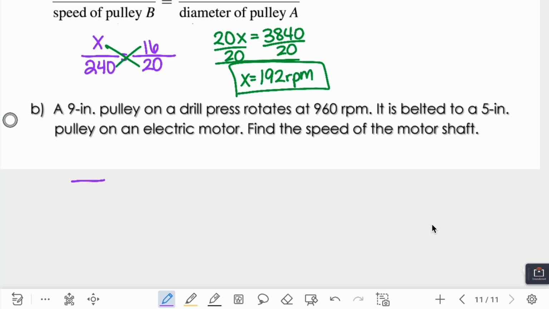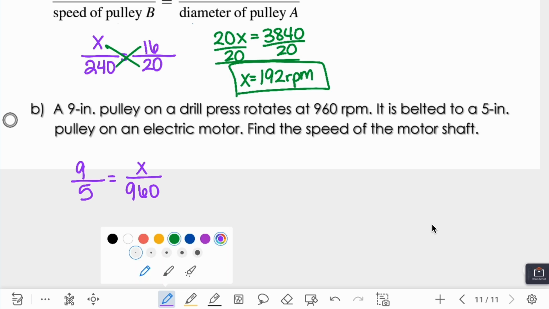So I'm going to set up my proportion. We have a 9-inch pulley. I don't need to put my label. We have a 9-inch pulley on a drill press that is rotating at 960 RPMs. So those are set up diagonal of each other. Now it's belted to a 5-inch pulley on an electric motor. We don't know how fast that motor's going. So we're going to put an X there.